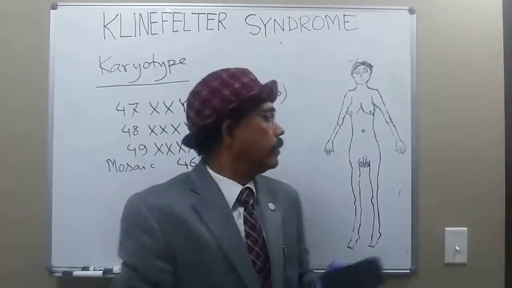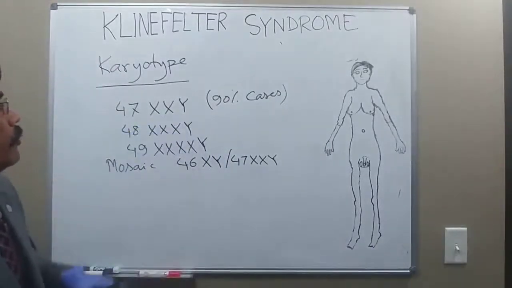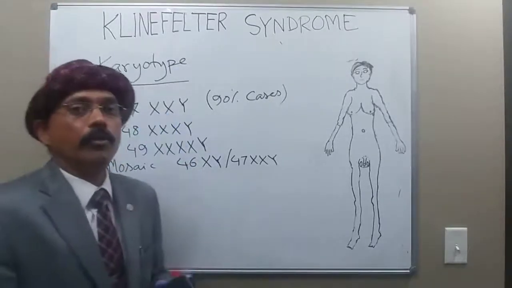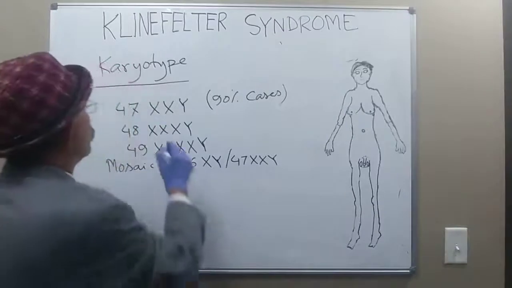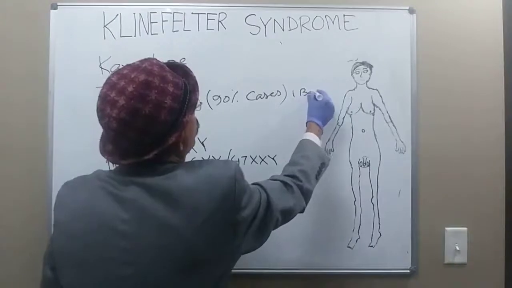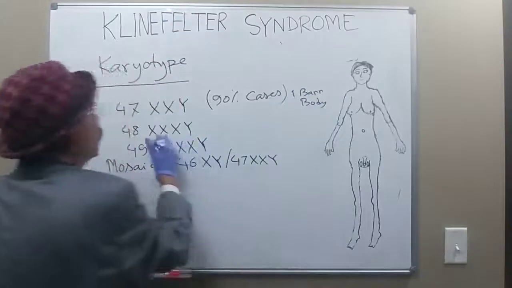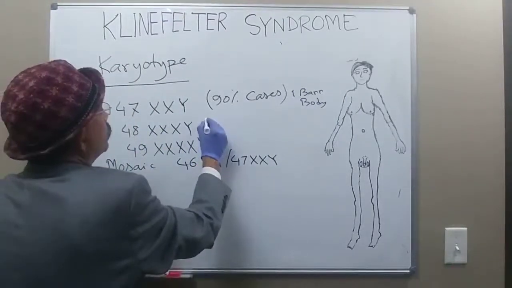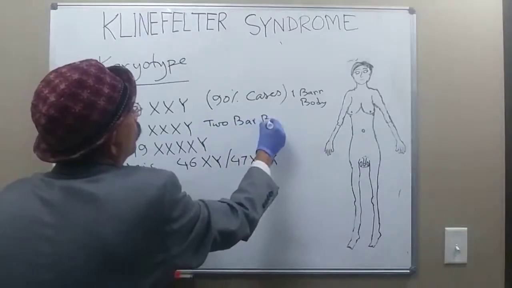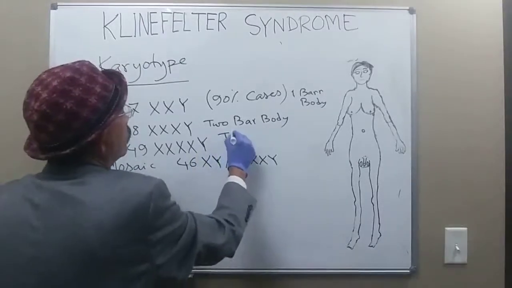So these are the possible karyotypes, but this is the most common, and we know that if we have two X chromosomes, we have one Barr body. Here we'll get one Barr body, here we'll get two Barr bodies, here we'll get three Barr bodies.